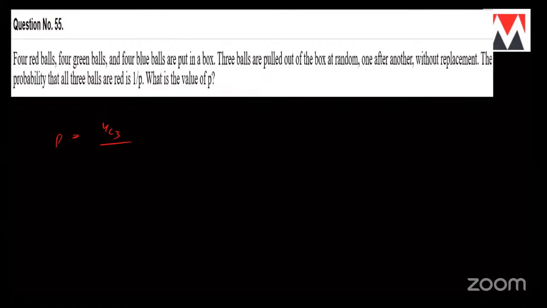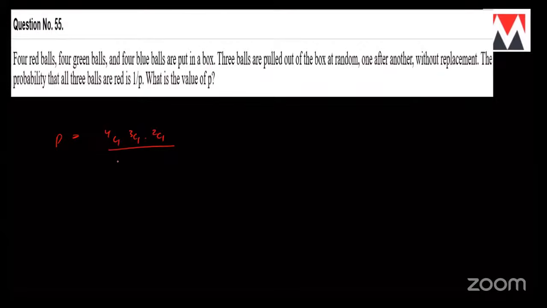Next, out of all the balls in the box, you can take 12C3. What is this probability? Oh, sorry. Here he is saying, first 4 is taken, 4C1. Next it is 3C1. Next it is 2C1.